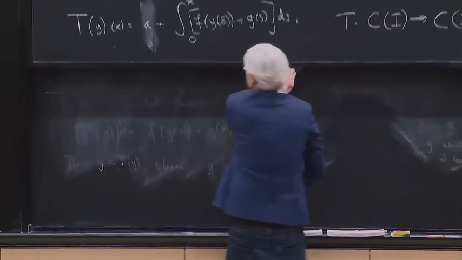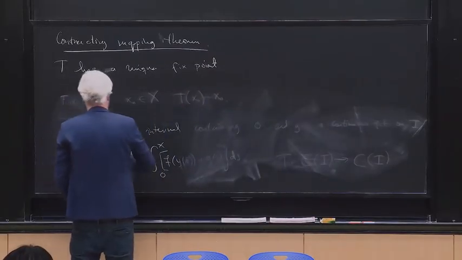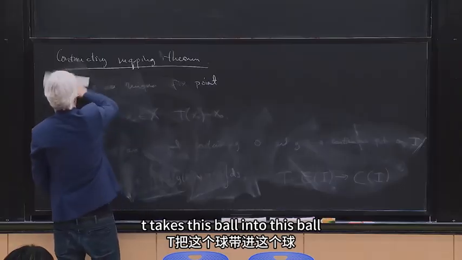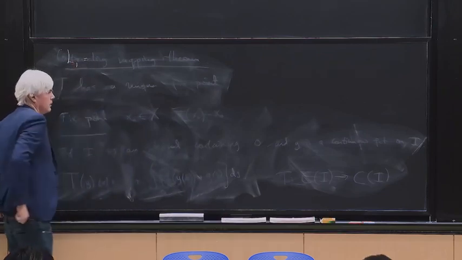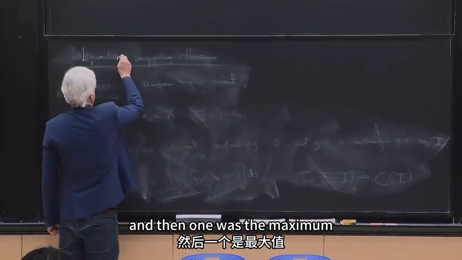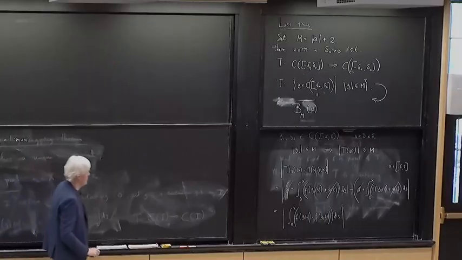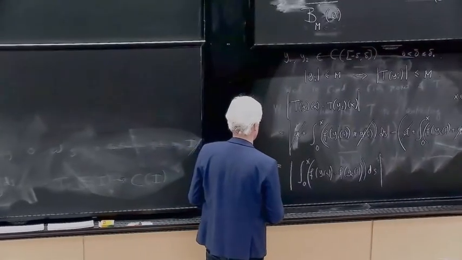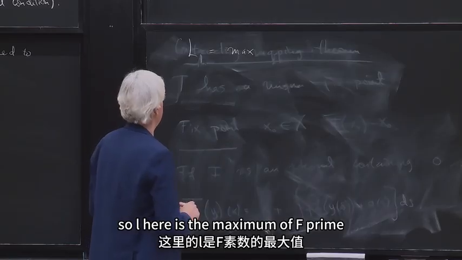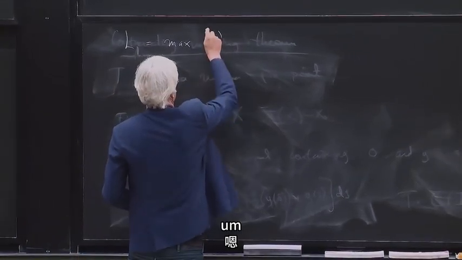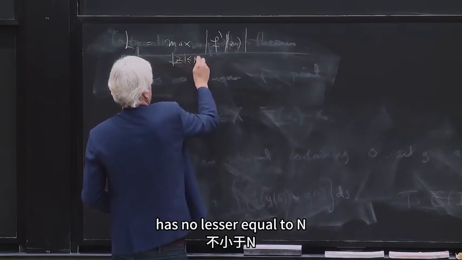Now, last time, when we proved that the map T takes this ball into this ball, we defined, so let me just define that again, L. I don't remember whether it was called L1, let me just call it L. So L here is the maximum of f prime of Z, where Z here has norm less or equal to m.